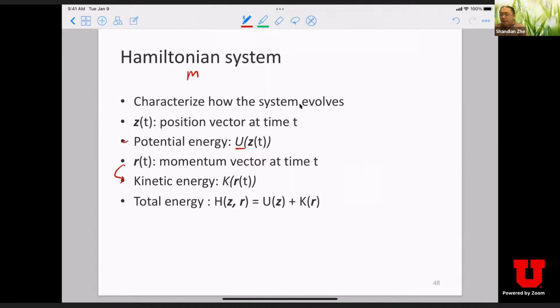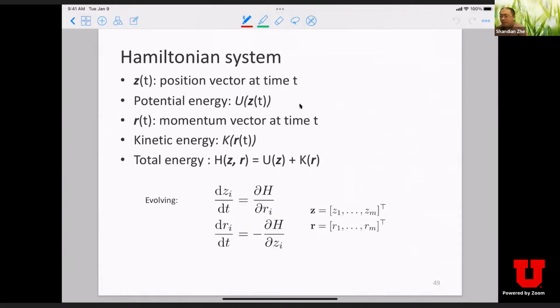Then the total energy of the ball is the summation of the potential energy and the kinetic energy. You can view it as a function of both the position and the momentum. That's the basic characteristics of this Hamiltonian system.